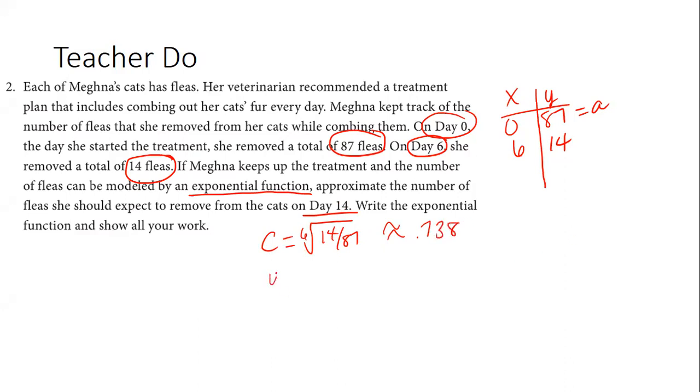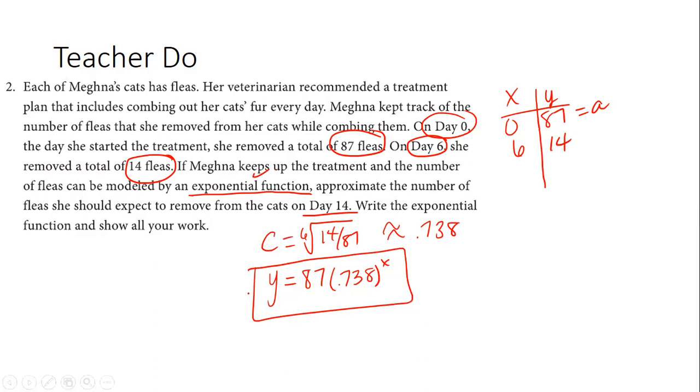So then my model is y equals 87 times 0.738 to the x. So we did the model. It's 2 parts: you telling me the model and then you solve.